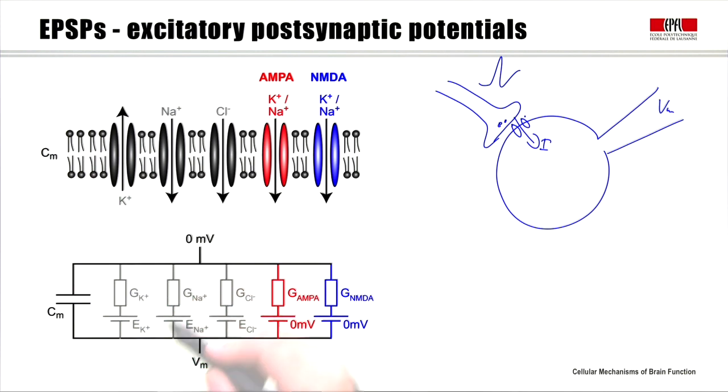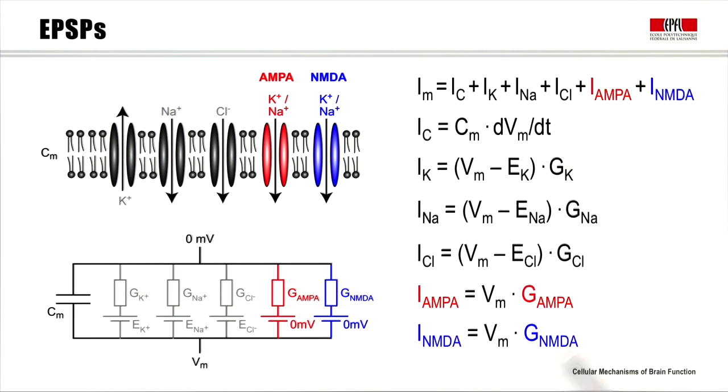So we have potassium, sodium and chloride conductances, and now for the synaptic conductances we can add the AMPA and the NMDA conductances that have reversal potentials close to 0 millivolts, and that then are involved in determining the membrane potential of the cell.